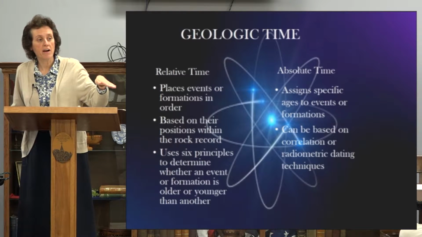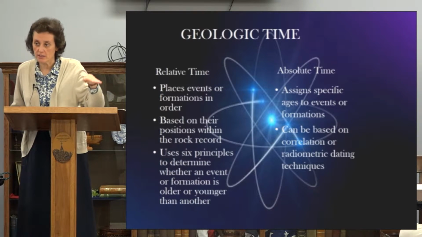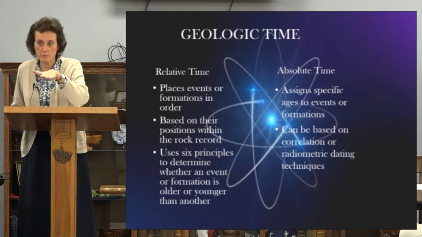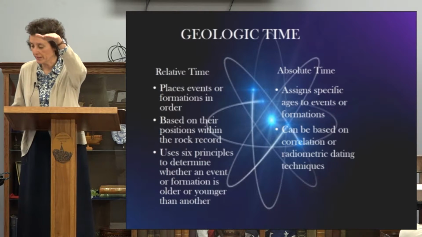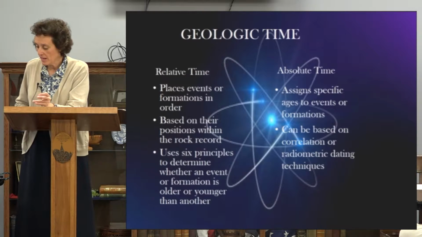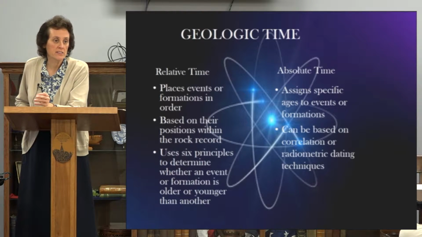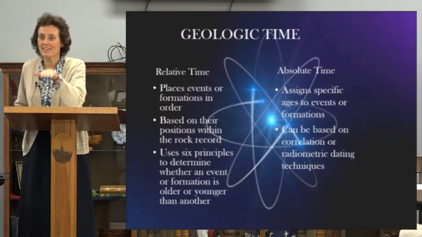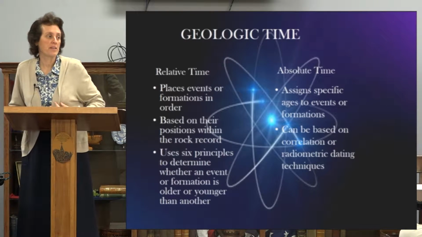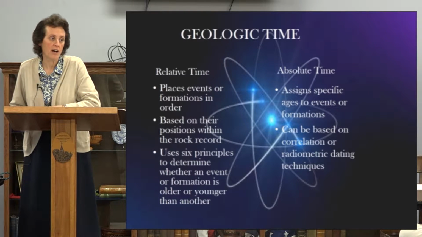And the law of superposition, that the younger layers will be laid on top of the older layers. And of course, faunal succession. That is the idea that we know things evolved, and so we can date the layers of rock based on the fossils they contain.